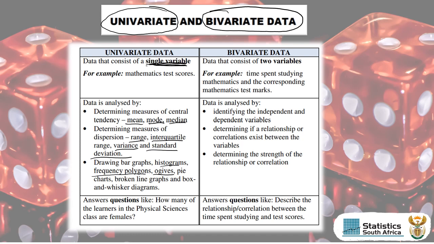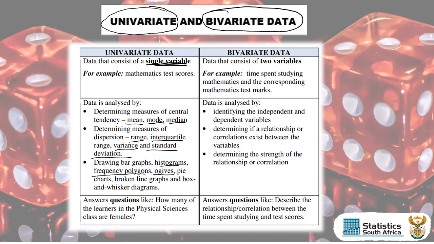And questions like how many learners in the physical sciences class are female were posed in univariate data, because they were focusing on a specific set of data. Like I said, it's single variable data that focuses on a specific item, such as the math test score, right? So that was univariate data.